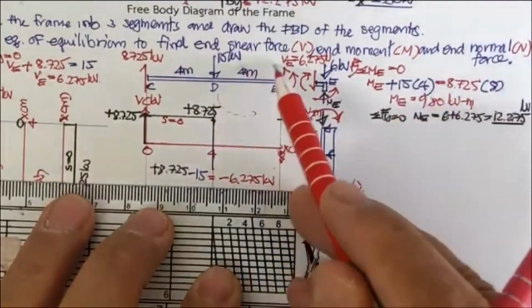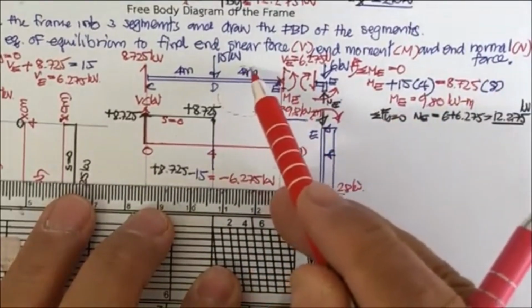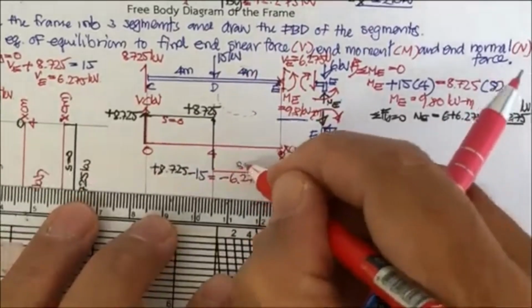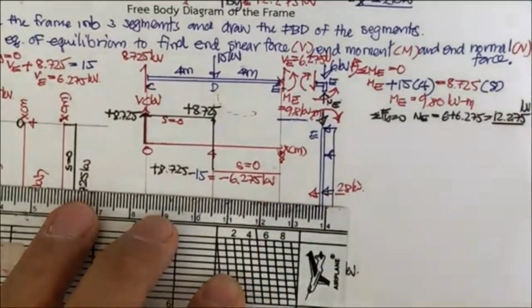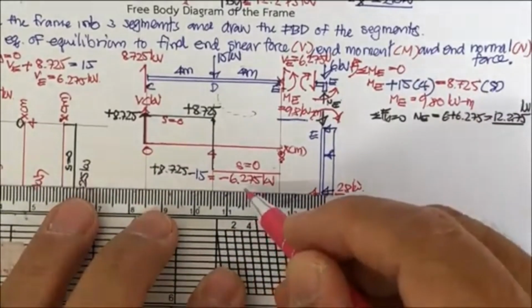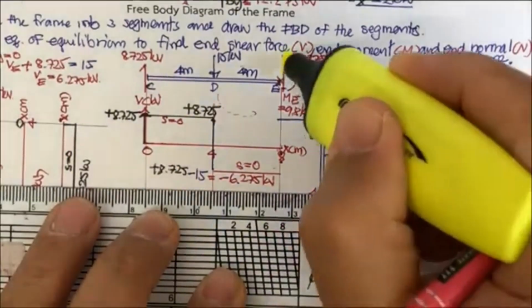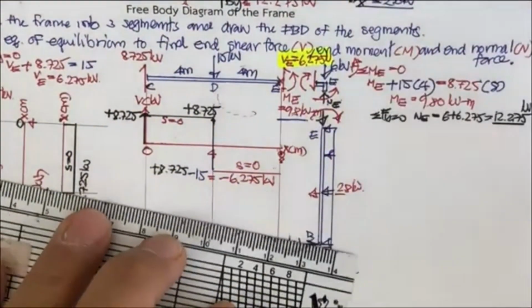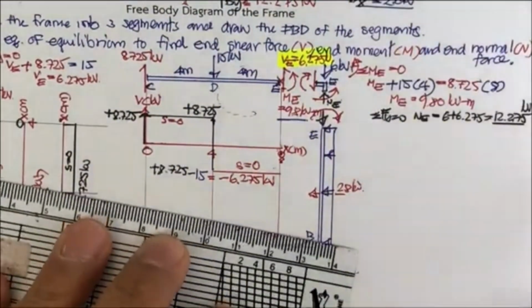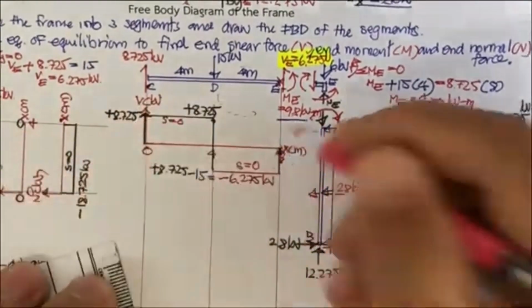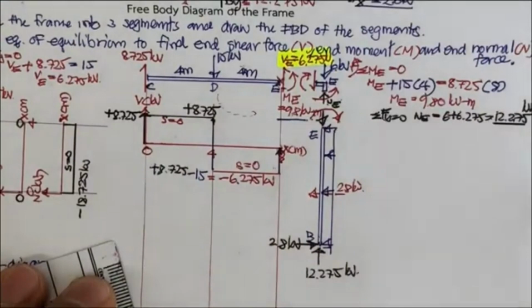And then again, there is no w here, so the slope here is going to be 0. This value is going to be constant, at minus 6.275. And then when you arrive here, you have the V sub E of 6.275. If that's the case, this one is closed. Okay, that's a very clear picture.